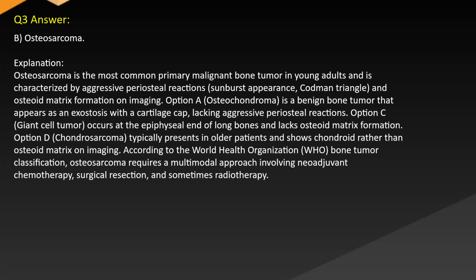Answer B. Osteosarcoma. Explanation. Osteosarcoma is the most common primary malignant bone tumor in young adults and is characterized by aggressive periosteal reactions, sunburst appearance, Codman triangle, and osteoid matrix formation on imaging. Option A, osteochondroma, is a benign bone tumor that appears as an exostosis with a cartilage cap, lacking aggressive periosteal reactions.